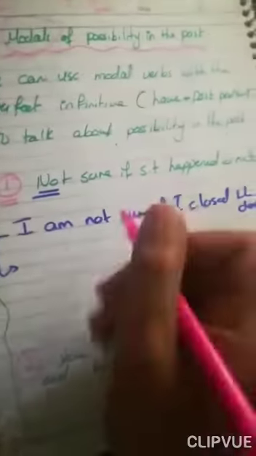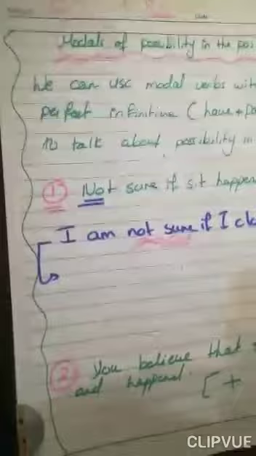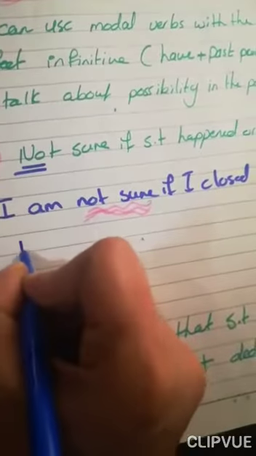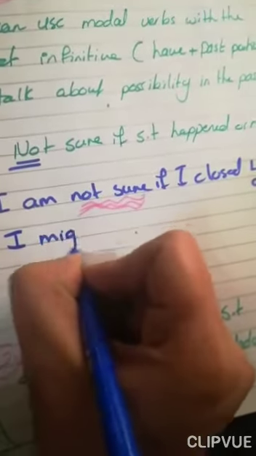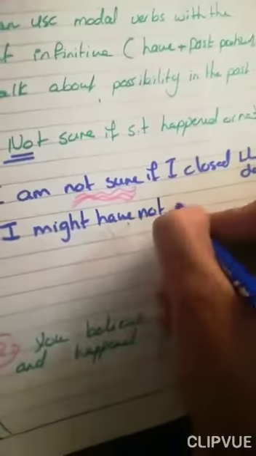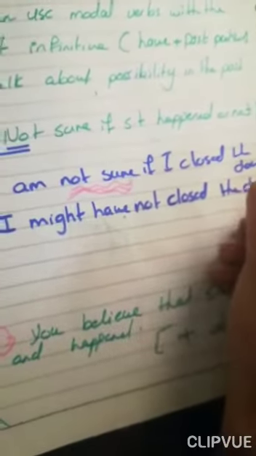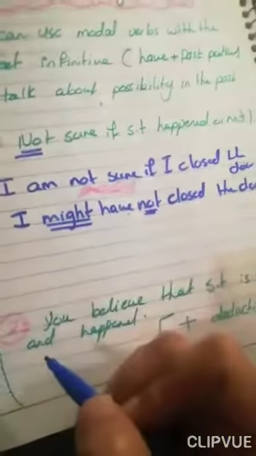Once you see that you're not sure about something, then you're going to say I might have not closed the door, or I might have closed the door. Both are fine here. Why have I used might here? Because you're not sure of something.